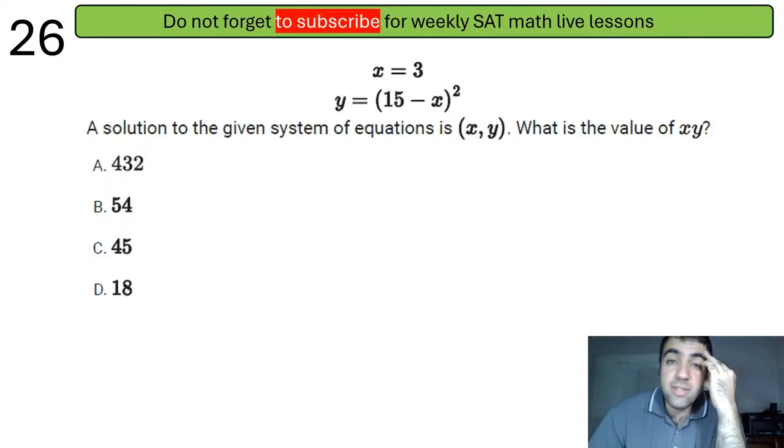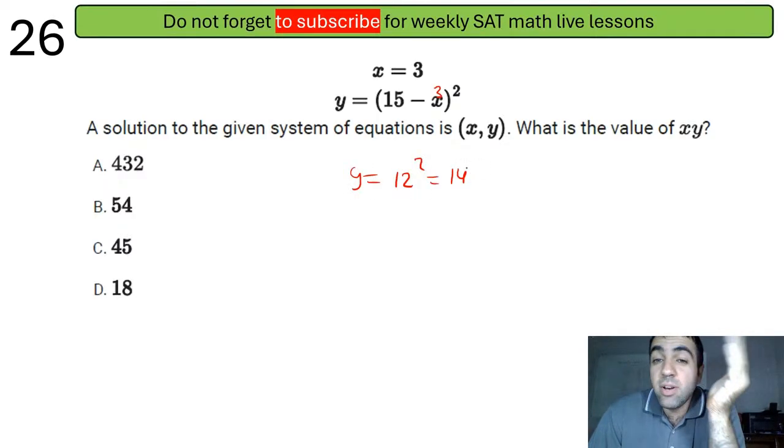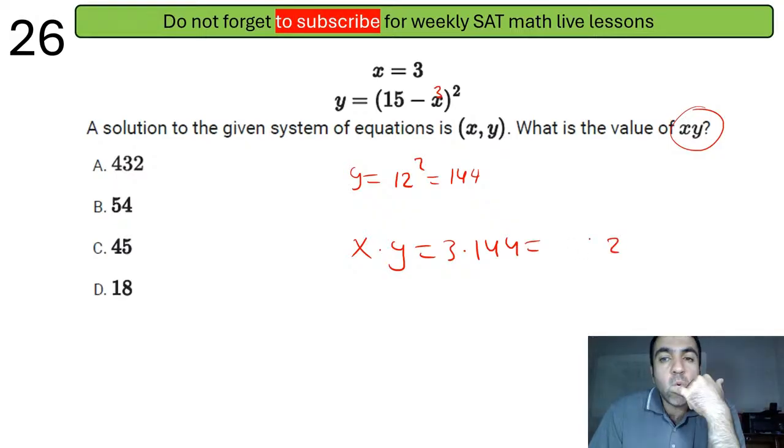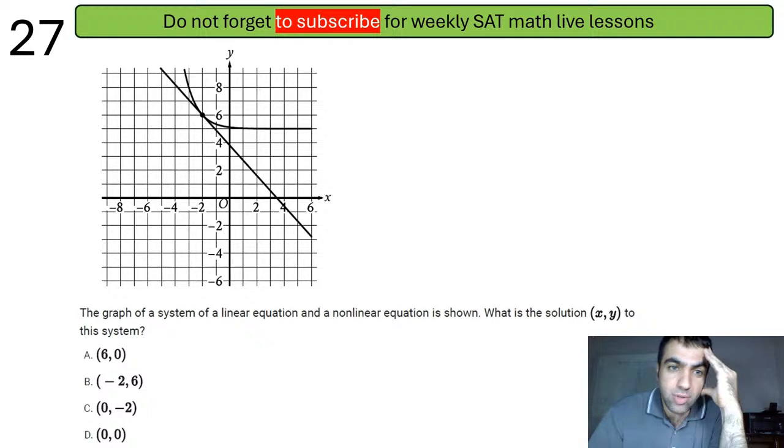Mr. Şahin says it is A. If x is equal to 3, let's start here. Y is equal to 12 squared, and that is 144. And we are asked to find x times y. 3 times 144 is 432. This is A. Next question.